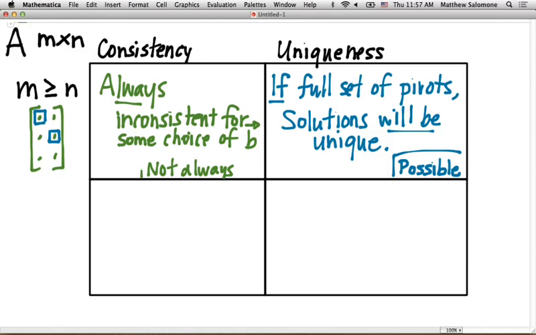So now let's talk about the other situation, where our matrix is at least as wide as it is tall. So this would be m is less than or equal to n. There are at least as many columns as there are rows. So let's start with the uniqueness side this time.